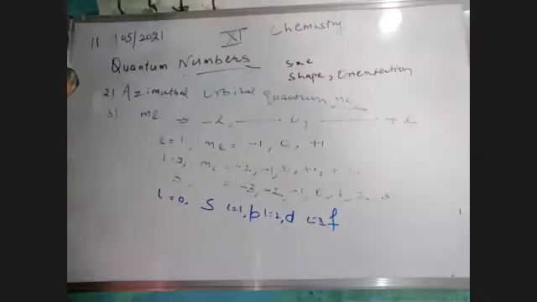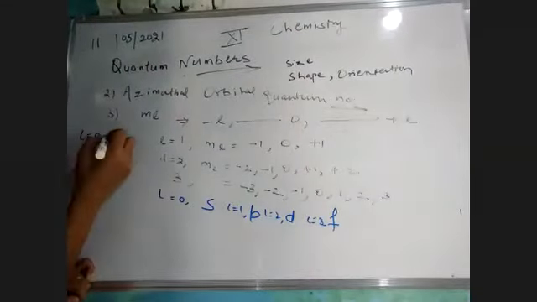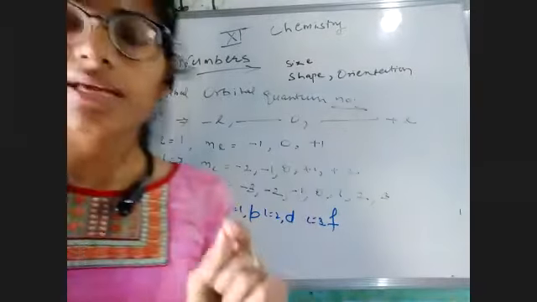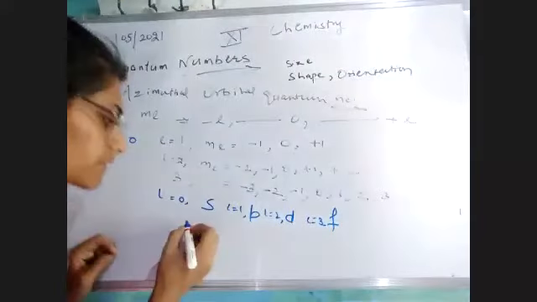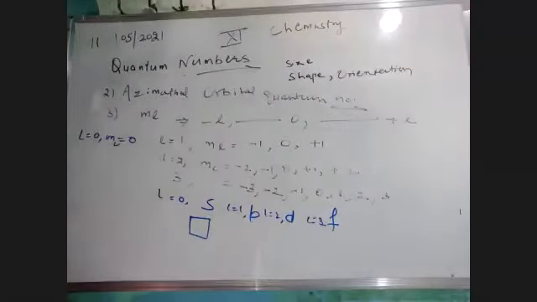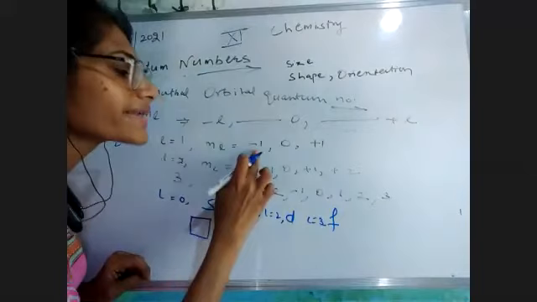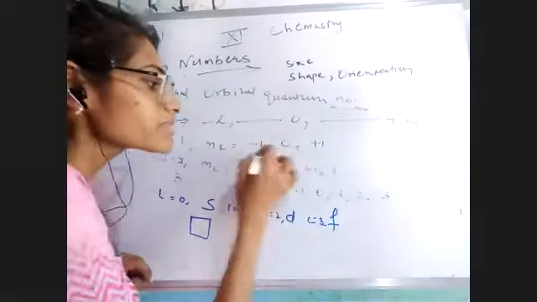If L equals 0, ML must be equal to 0. That means there is only one possibility. So for S, there is one kind of orbital. If I'm talking about L equals 1, that means minus 1, 0, plus 1. That means we have 3 possibilities.